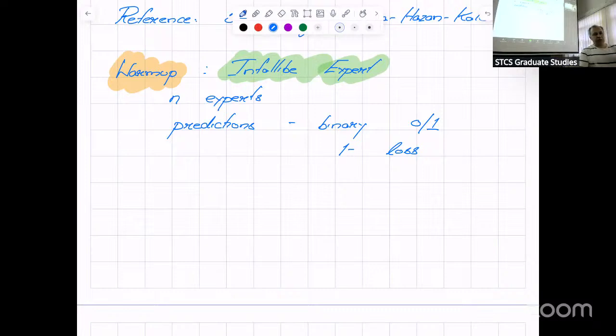There are two possible actions, action A or action B. Based on their advice, you take an action, either A or B.